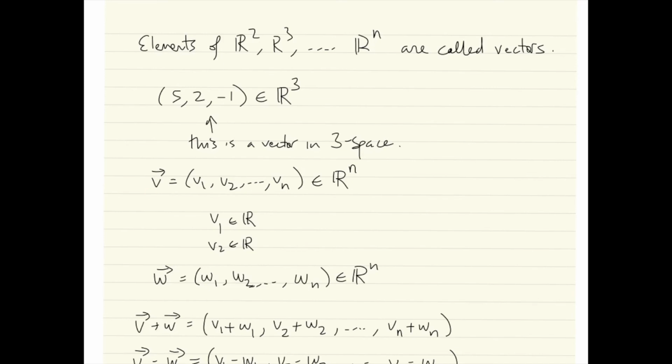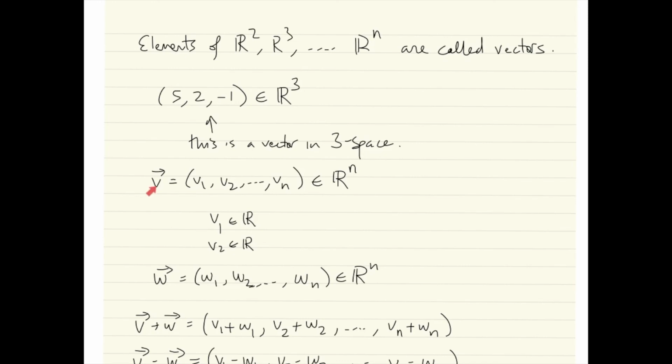So here's what a vector in n-space is. Sometimes we call Rn n-space or R3 3-space. And so an element or a vector in Rn is just an ordered list, the order matters, of n numbers.